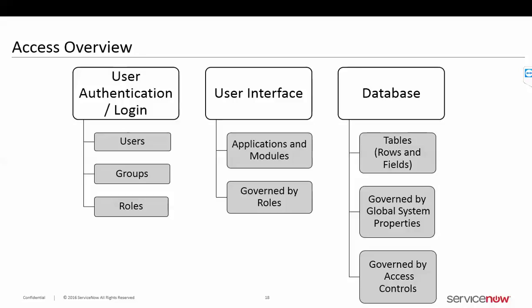When you first display your ServiceNow instance and log in, first we're going to identify the user. Does this username and password exist in our database? If the answer is yes, then we move on to the next question. Does this person belong to a group?